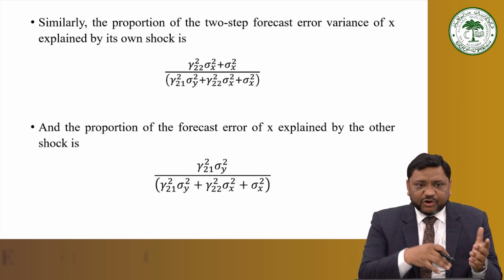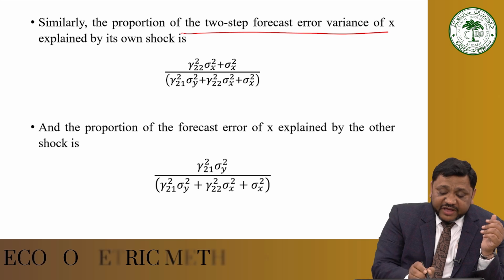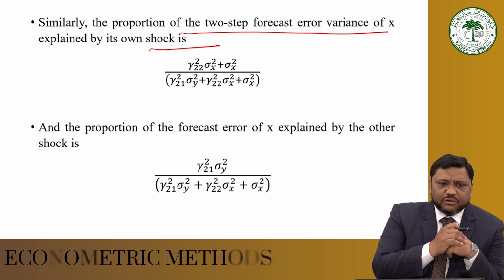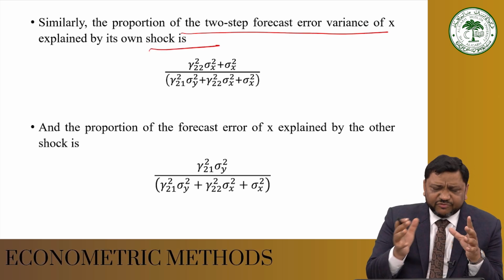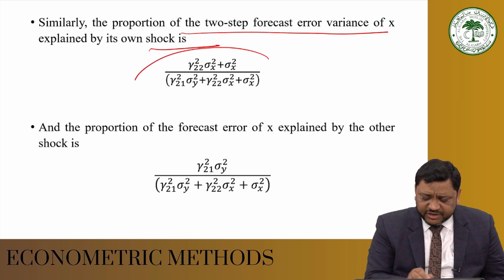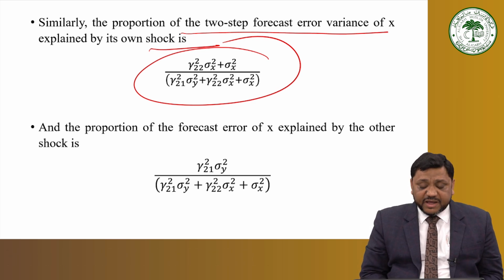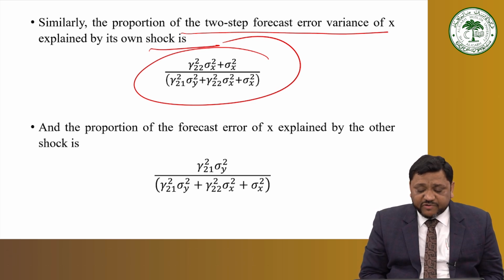So similarly, we can do the two-step forecast variance of x due to its own shock. We are not going through the derivation again, we have already seen it, so we will repeat the same process. Here we get gamma 22 square sigma square x plus sigma square x divided by gamma 21 square sigma square y plus gamma 22 square sigma square x plus sigma square x.